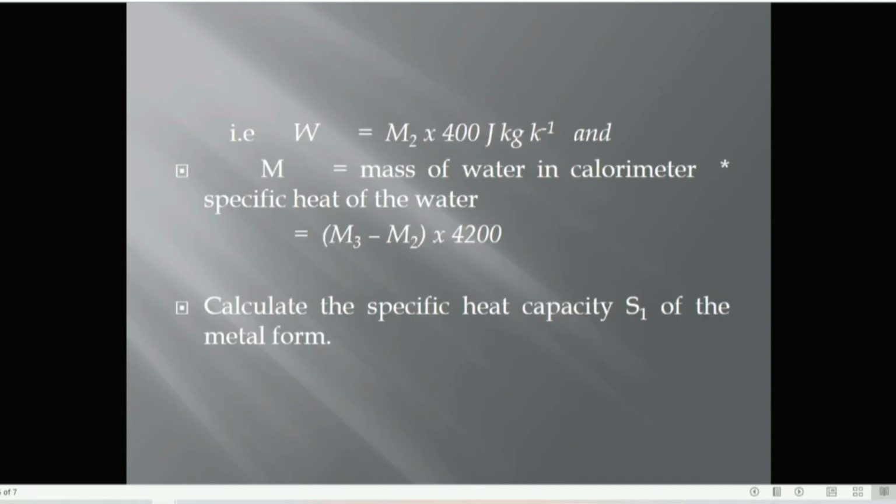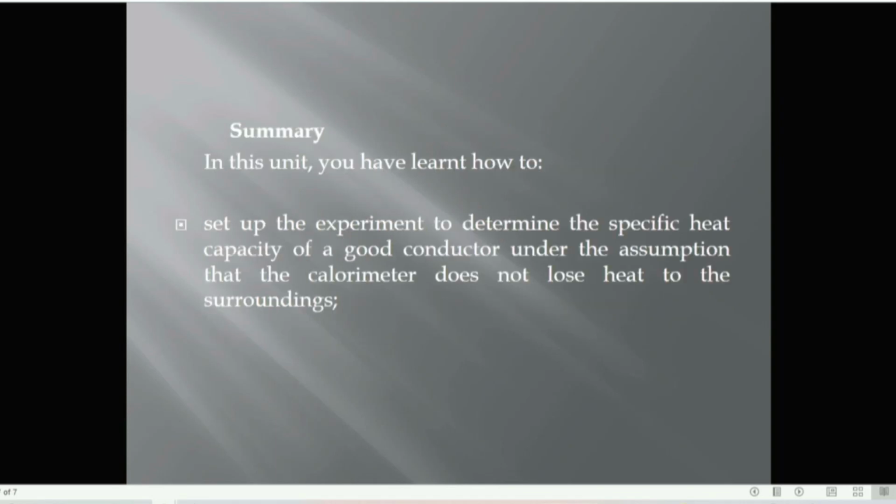W equals M2 times 400, where 400 joule per kilogram per Kelvin is the specific capacity of the material with which our calorimeter is made. Then you can calculate the specific capacity.